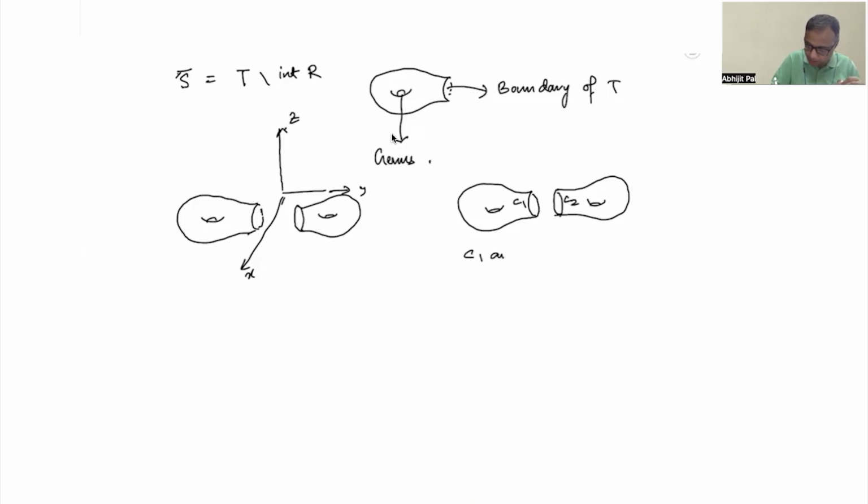Now you translate C1 to C2 by an isometry. In other words, you are gluing these two surfaces along the curves C1 and C2, and you'll get another surface.